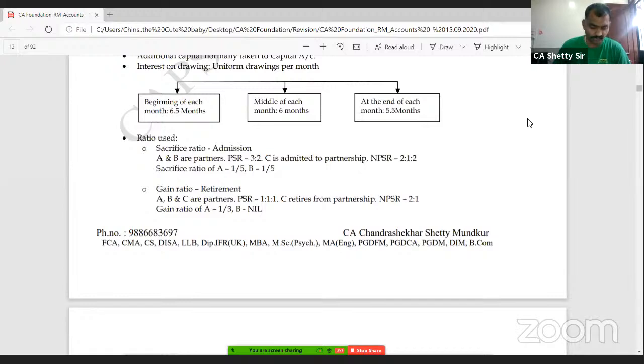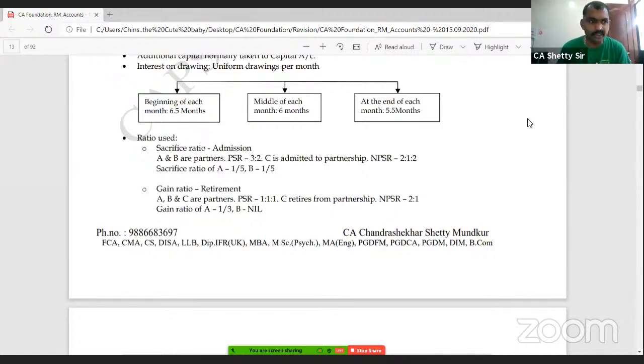Therefore, the only entry for goodwill, this is my ultimate entry, the only entry for goodwill for admission or retirement. Below that: debit the partner who is gaining.